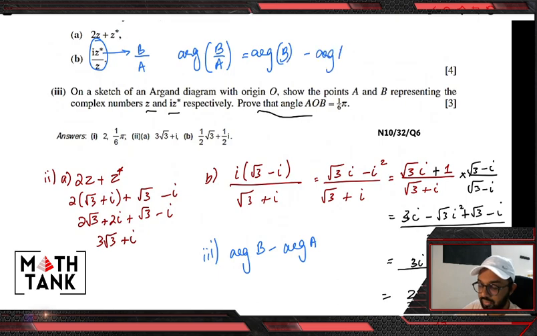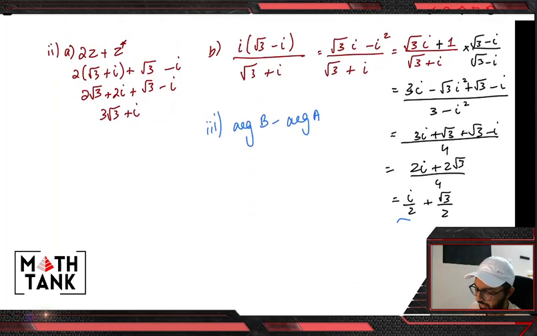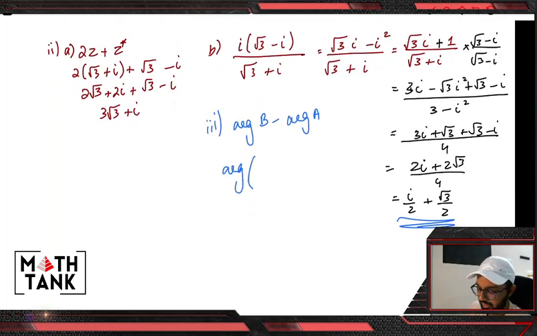So this question could be really short, and what I could simply do is, if I've already calculated B over A, which is this number at the end, I could just simply calculate the argument of this complex number, and it's going to give me the correct answer.